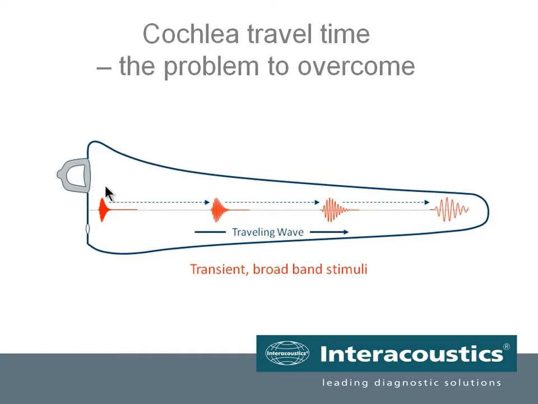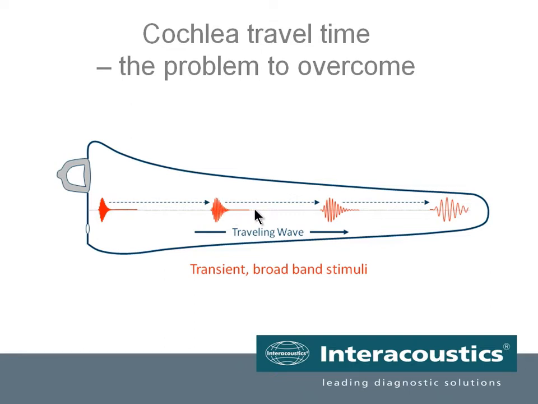The highest frequency components within the click, they will excite the basilar membrane right here at the very beginning, and immediately the nerves attached to the hair cells involved in this basal part of the basilar membrane will start responding.